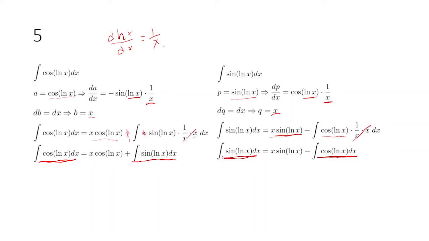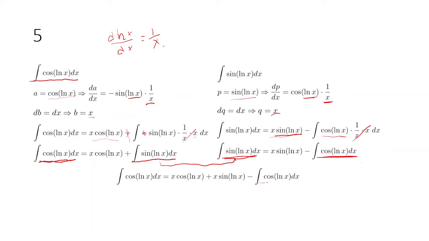Now, because we're trying to look for the integral of cosine of ln x with respect to x, we'll need to substitute the integral of sine of the natural log of x with respect to x, such that we'll get that the integral of the cosine of the natural log of x with respect to x is equal to x multiplied by the cosine of the natural log of x plus x multiplied by the sine of the natural log of x minus the integral of the cosine of the natural log of x with respect to x.